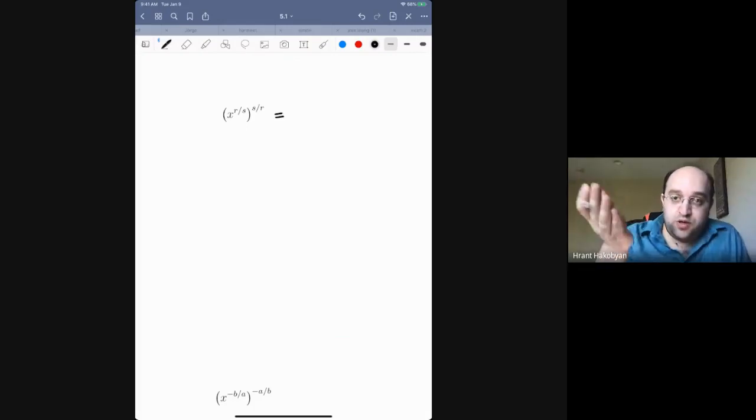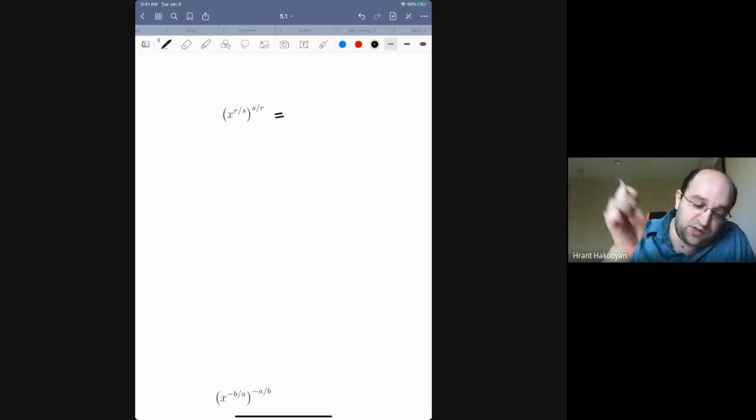So we just have power of a power, so powers multiply. So I have x to power r over s times s over r, right? But in this case, everything cancels. This cancels that, and this cancels this, so you get 1. So this is equal to x to power 1, which is just x.